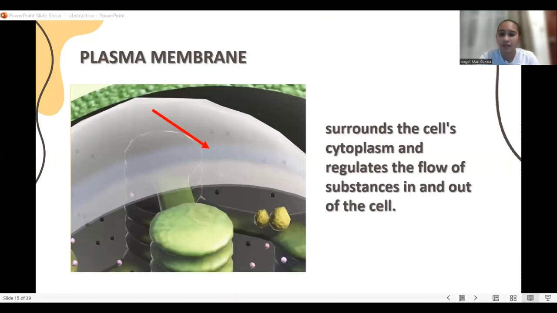The eukaryotic plasma membrane is a phospholipid layer with proteins and cholesterol embedded in it. The cell membrane is an extremely pliable structure composed primarily of two adjacent sheets of phospholipids, and cholesterol is also present, which contributes to the fluidity of the membrane.